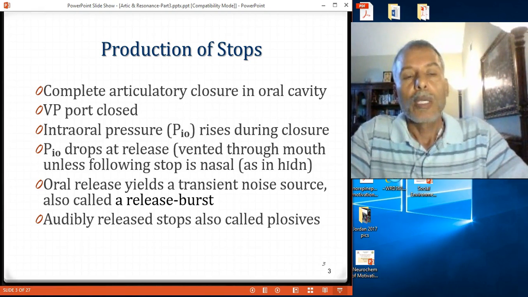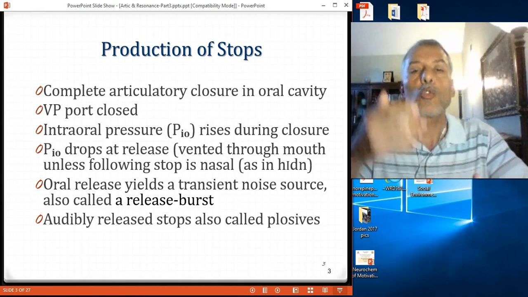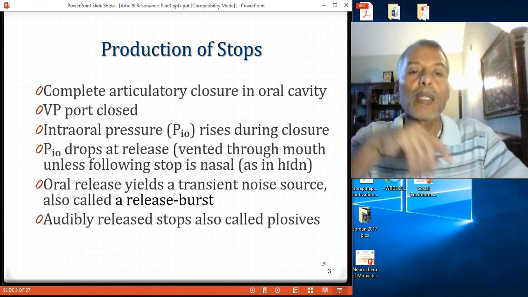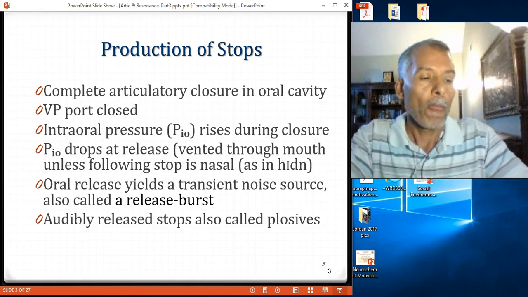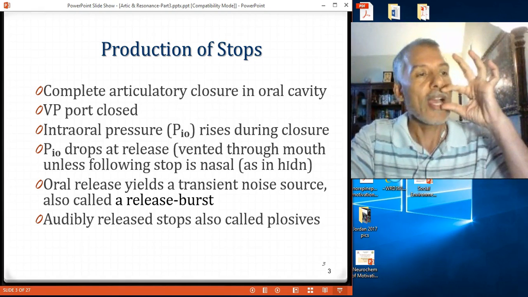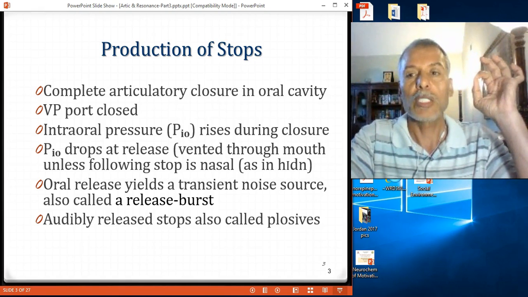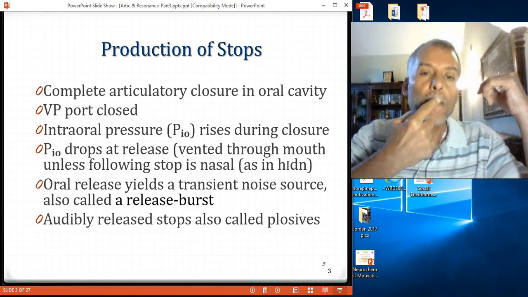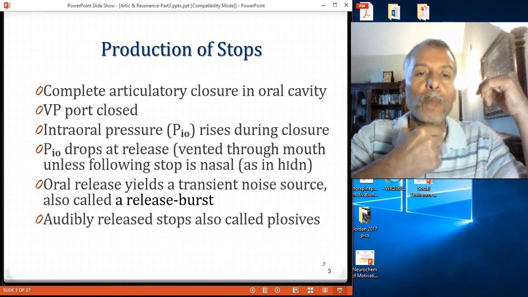Production of stops requires complete closure of the vocal tract at some location. You can look at the locations that are possible where you can block the vocal tract. First one, if you bring the lips together and stop the air, like when you say p and b, that's the first part, bilabial stops, p and b.